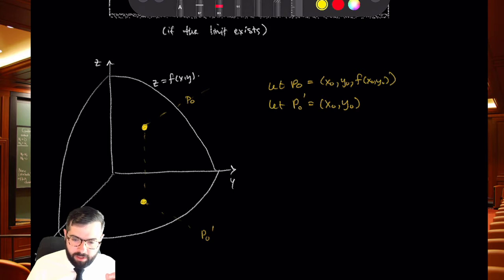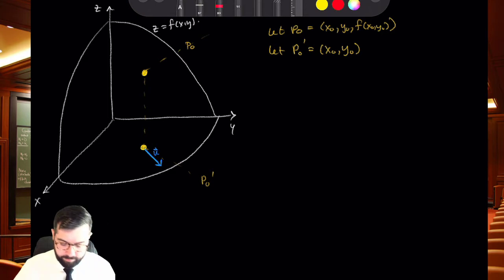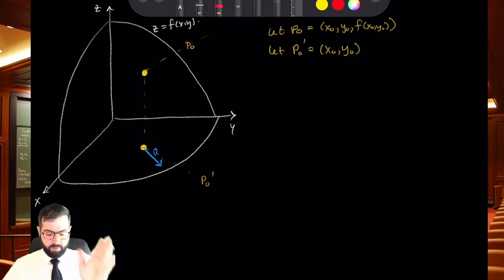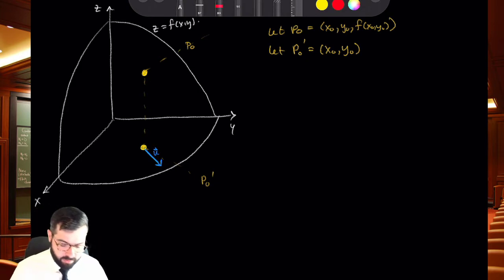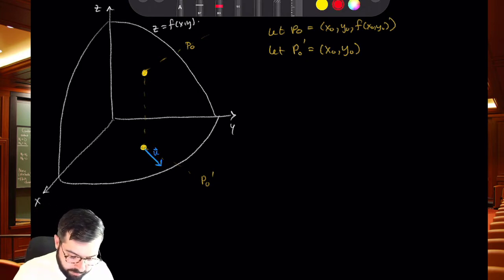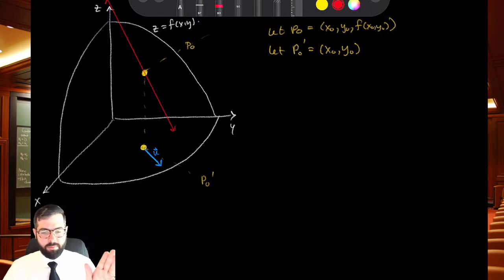If we think about starting at this point and moving in the direction of some direction vector, some unit vector u, and we want to talk about the instantaneous rate of change of the height of the surface, well, we'd be talking about this tangent line over the top of it that has the same direction as u.